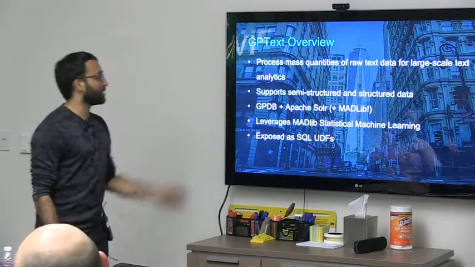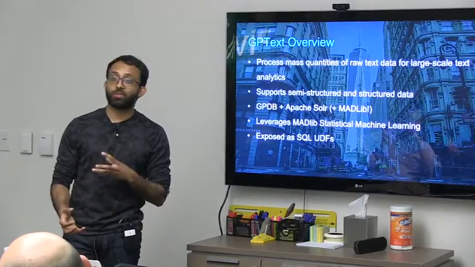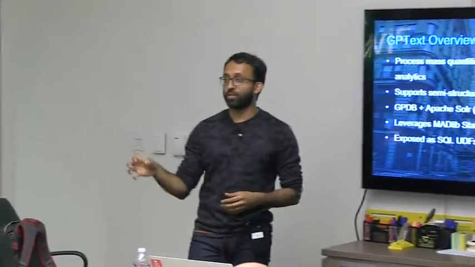So we can process mass quantities of raw text data for large-scale text analytics. You can support semi-structured and unstructured text. So you can search across an individual text body that's in one column and then filter by the other columns. So you can say, I want to search for these terms, but I want to filter by all documents that appear only in the last 2 months and were authored by X user. So you have that join between the structured and unstructured data. And an advancement that we have is you can leverage MADlib for statistical machine learning.